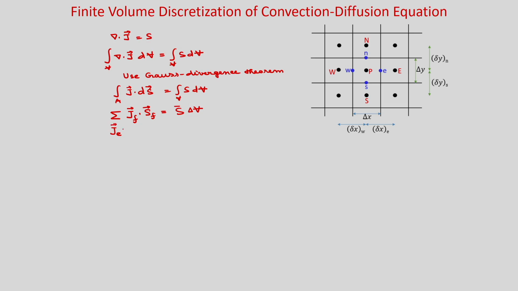So, we write J_e dot S_e plus J_w dot S_w plus J_n dot S_n plus J_s dot S_s is equal to S bar delta V. Now, for each flux vector at the faces we have 2 terms, the convection term and the diffusion term.